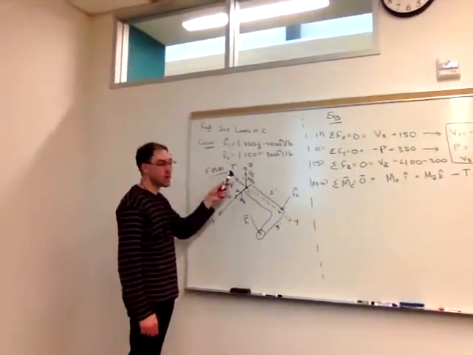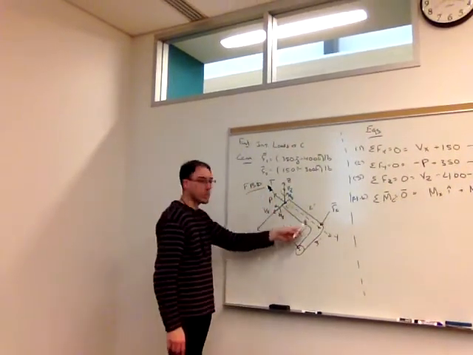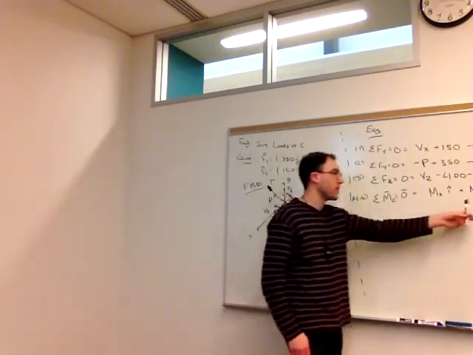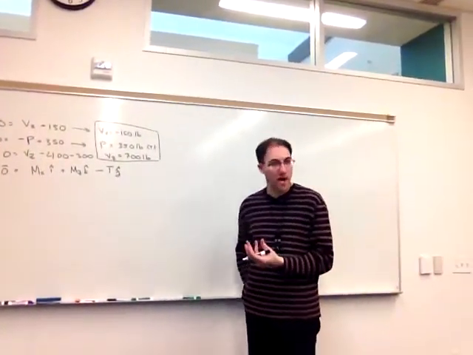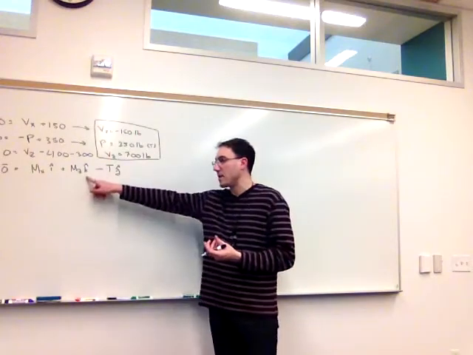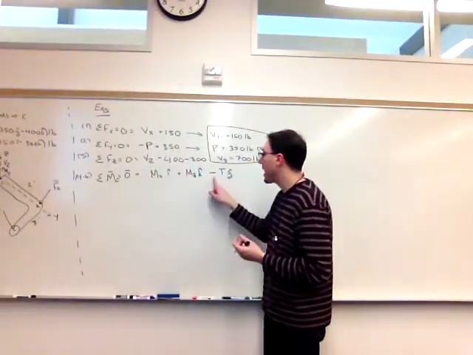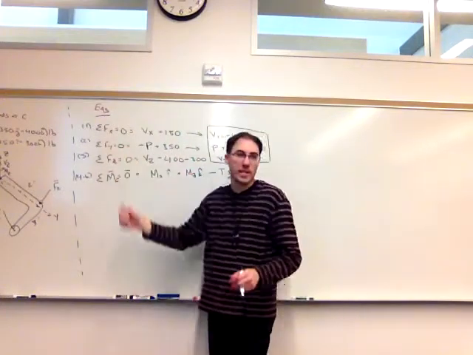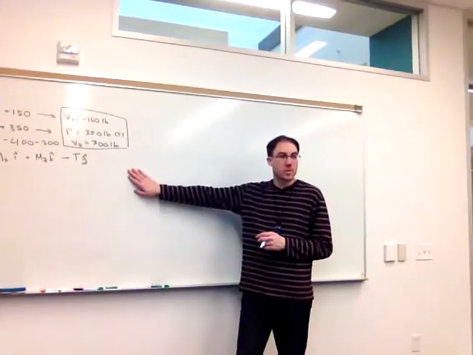T we drew in this direction because it was positive around the P axis. We didn't consider the x, y, or z axis, so that choice is going to be reflected here. So Mx and Mz we assumed positive around the axes to make this step easier. T, by convention, is negative here because P points in the negative y direction. Those are the three couples we have in the problem.